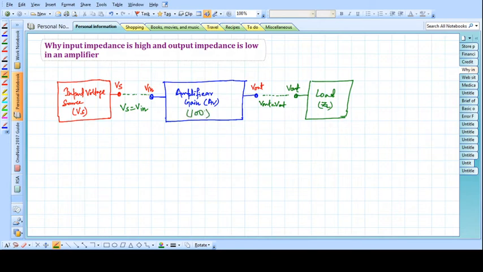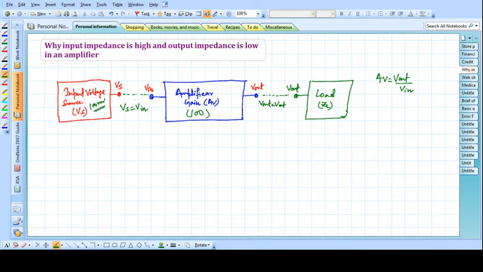The voltage gain AV is nothing but simply Vout by Vin. So Vout by Vin is the gain. The gain is 100, and suppose the input voltage is 100 millivolt.